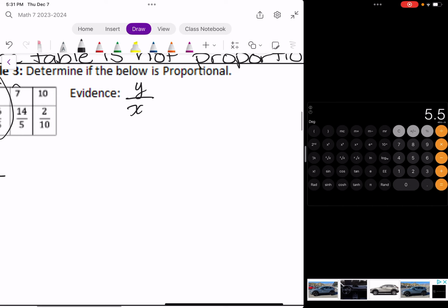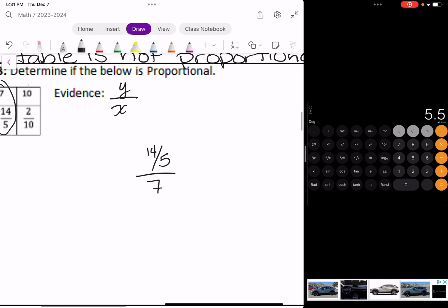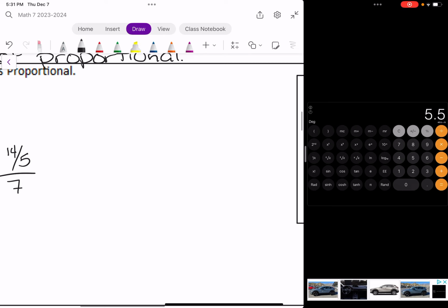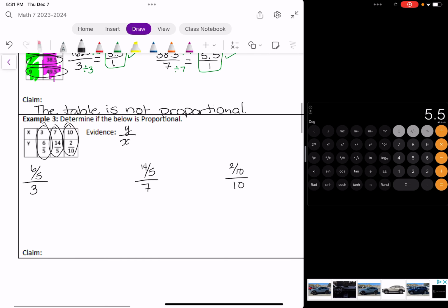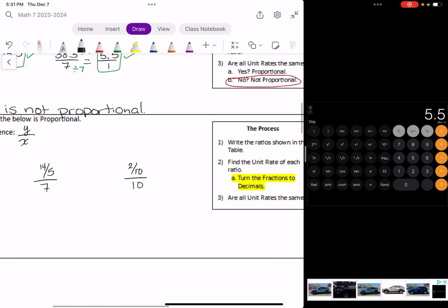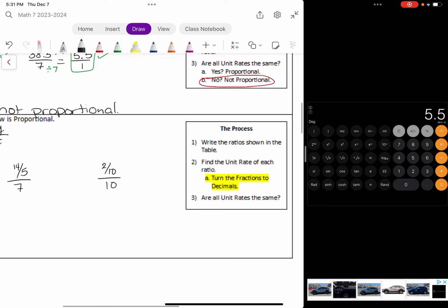Our second one is going to be 14 over 5 over 7. Our last one is 2 over 10 over 10. Okay, so these are our ratios.